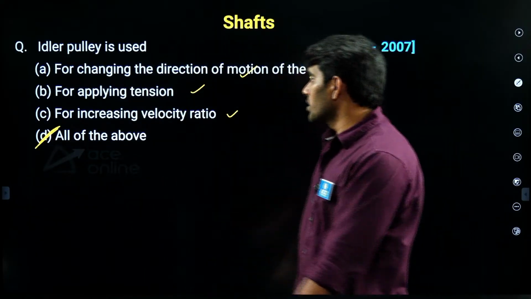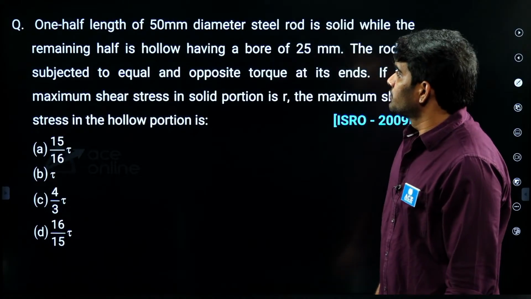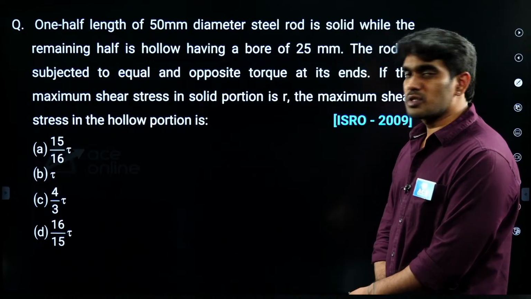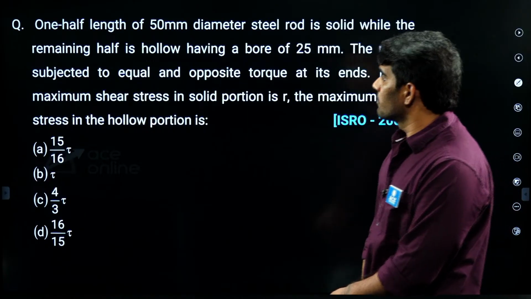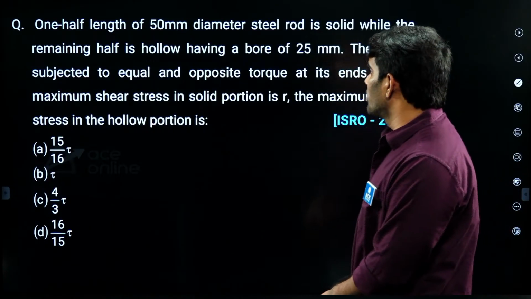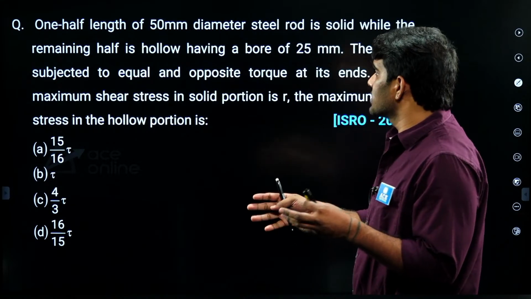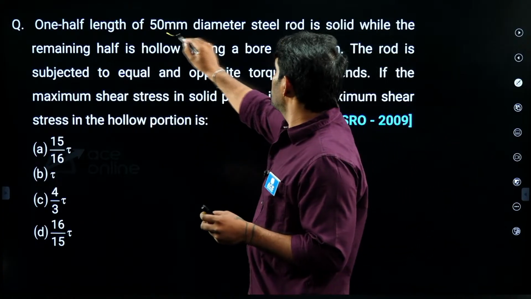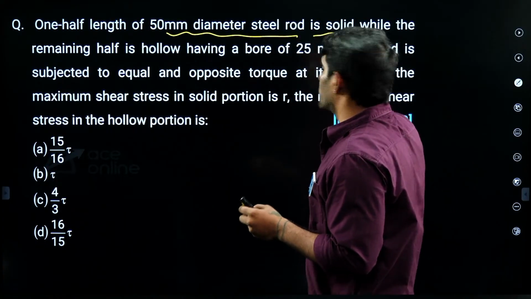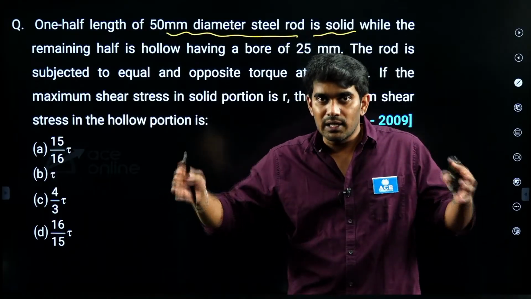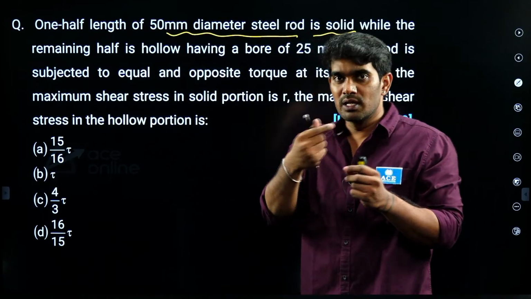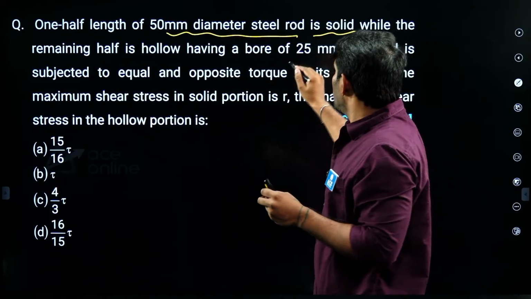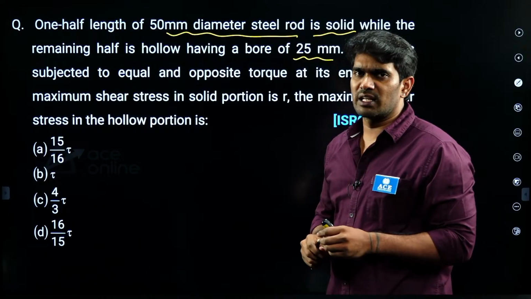Now moving ahead. See this question, a very simple one. I'll be solving this question with simple logic. Here he is considering a shaft in which half the length is a 50 mm diameter solid steel rod, a solid circular cross section, and the remaining is hollow, having a bore diameter of 25 mm.